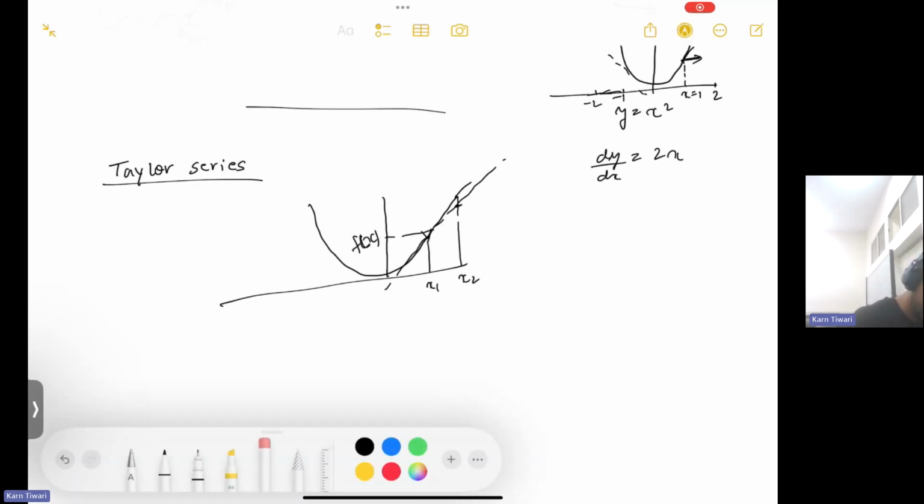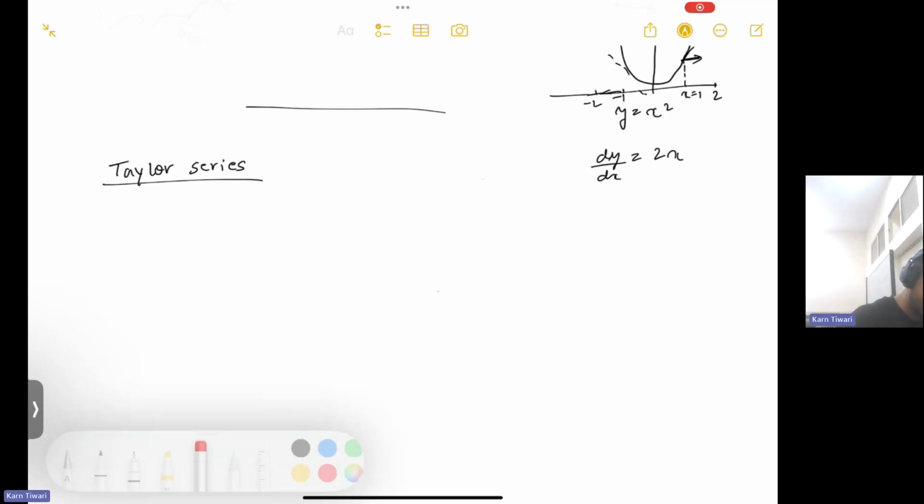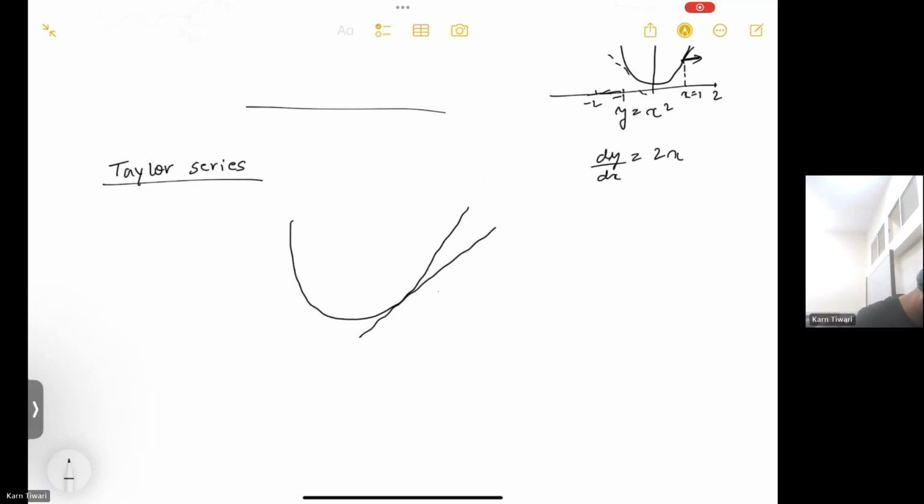Let me draw the figure as it will be much clearer for you, I guess. Based on a particular point, we have information about the direction. We are at this point and we want to find the value at this particular point. This is x1, this is x2.